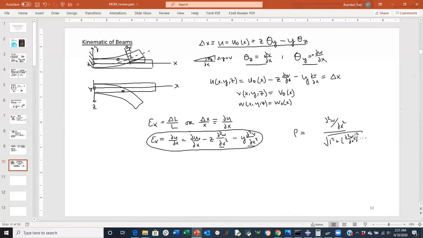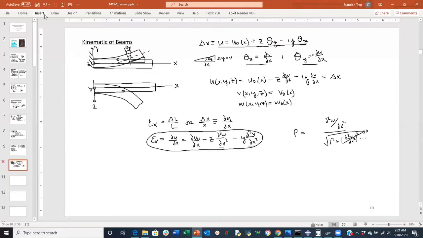But we assume that this component and anything past that is really small when you square it, so it becomes 0. So essentially, the curvature is just the numerator portion. So this is curvature with respect to z, and this is curvature with respect to y. So we essentially have an equation that relates strain to the curvature and mid-plane displacements of the beam, which is very powerful. Now, we relate that to the constitutive equation for a beam.